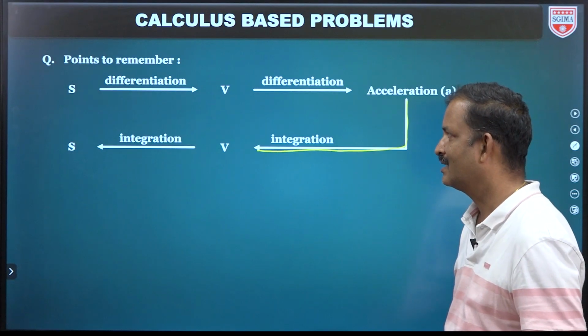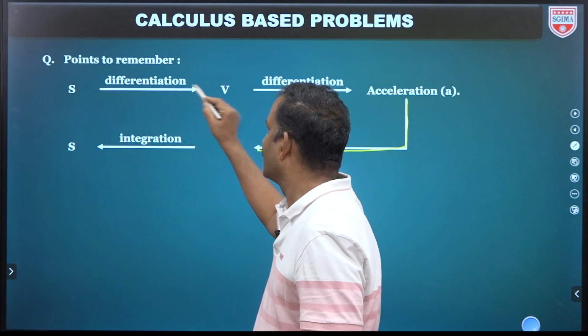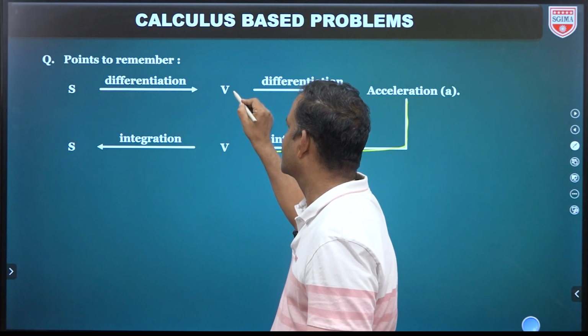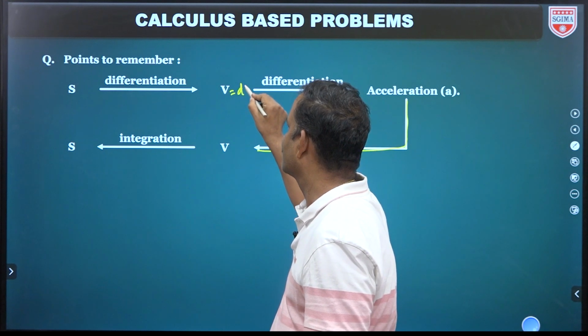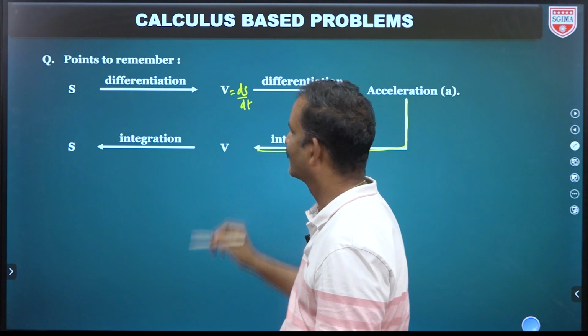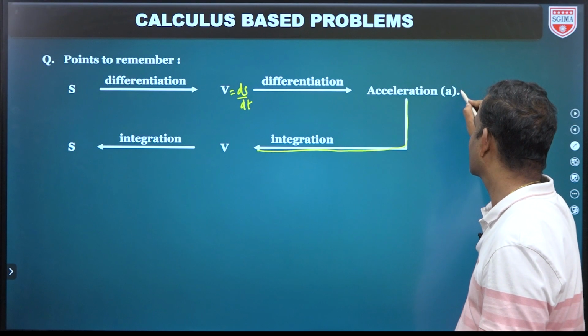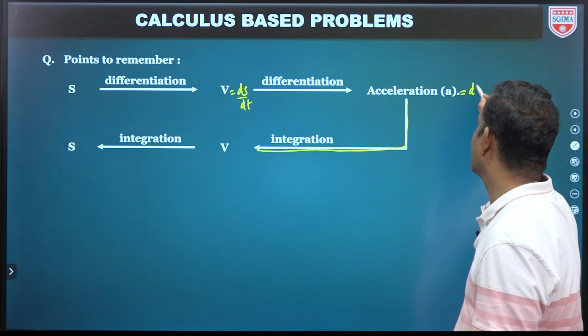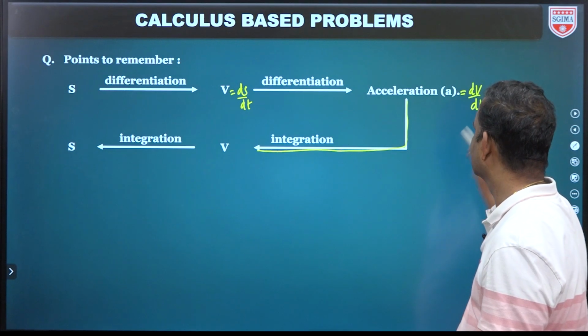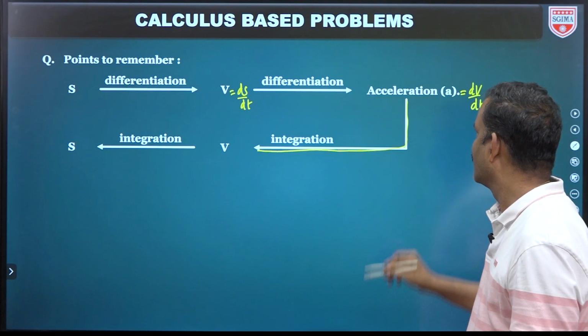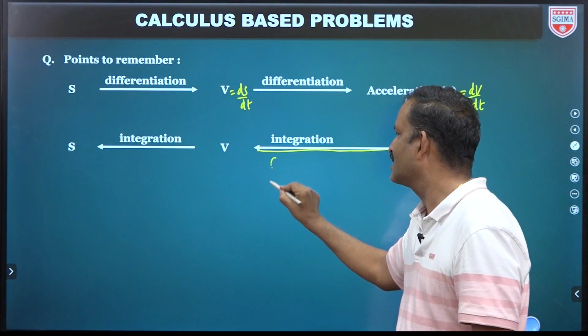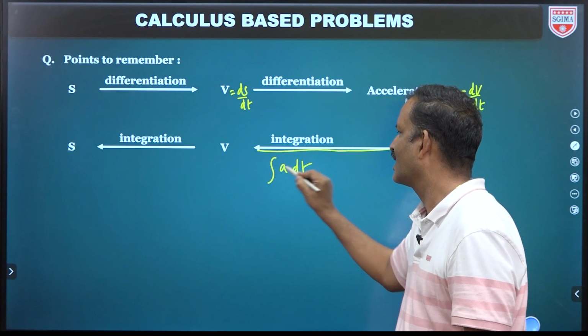What we discussed: displacement differentiation gives velocity, v is equal to ds by dt. Velocity differentiation gives acceleration, dv by dt. Acceleration integration gives velocity.